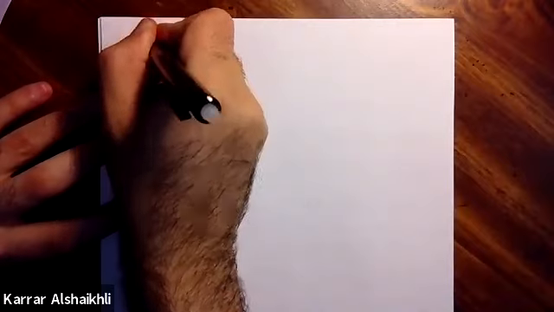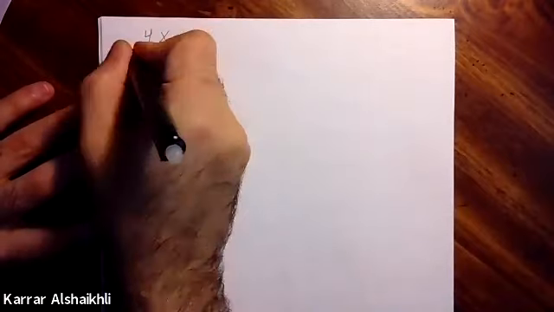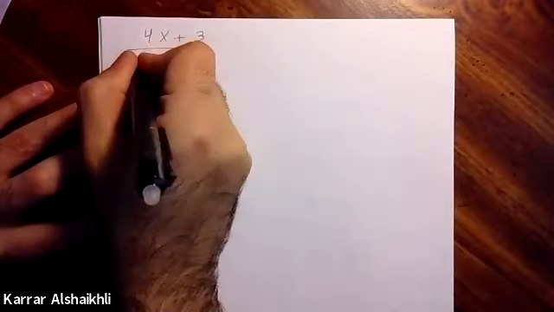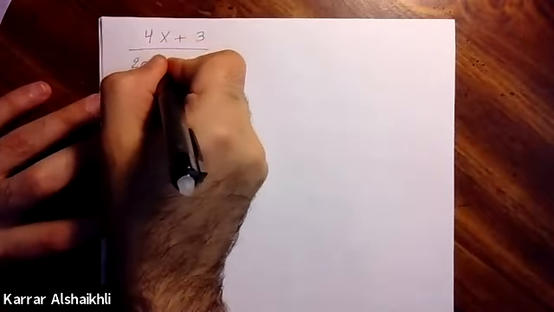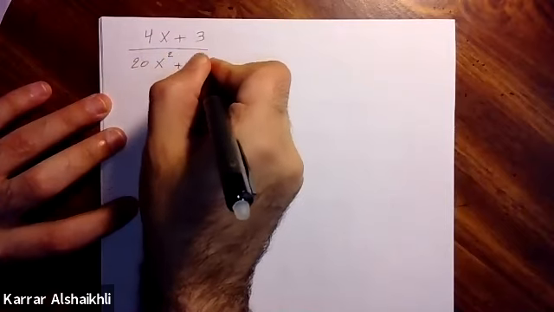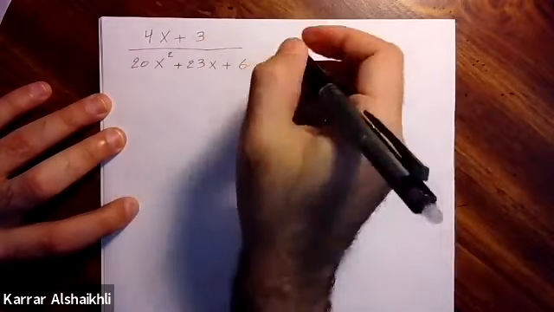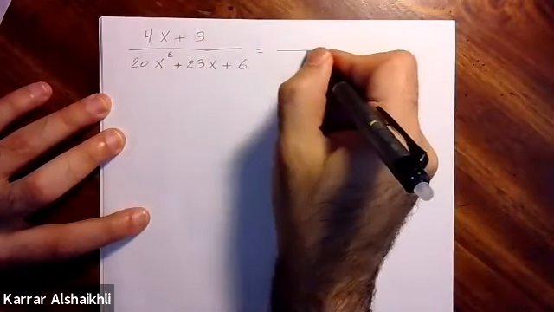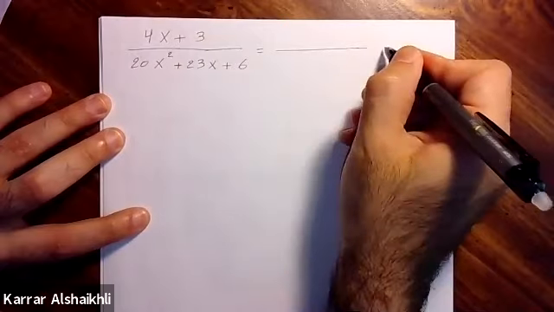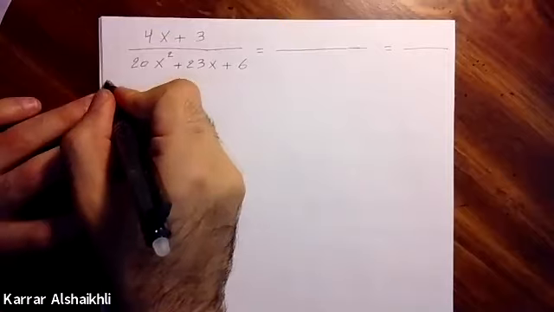We have 4x plus 3 divided by 20x squared plus 23x plus 6. I need to simplify these two terms. I'm going to write down the result here. Then I'm going to cancel to get the last result.